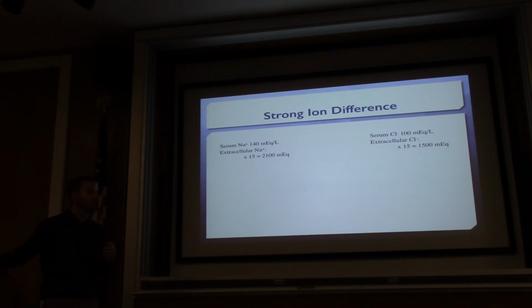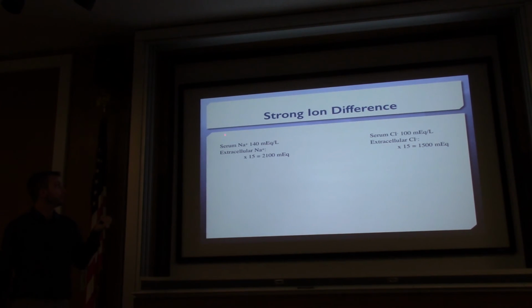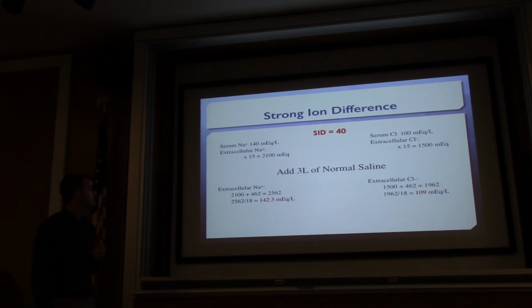So you look at it on a large scale on somebody, when you look at their extracellular fluid, you have a sodium of 140, chloride of 100 to make it easier, so they have a SID of 40. Then say they have like 15 liters of extracellular fluid, and you say, if I added 3 liters of normal saline, that's 462 sodium, 462 chloride.